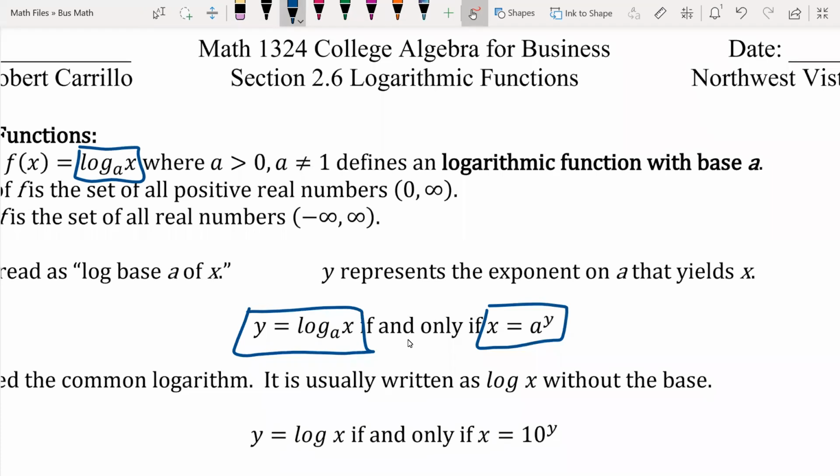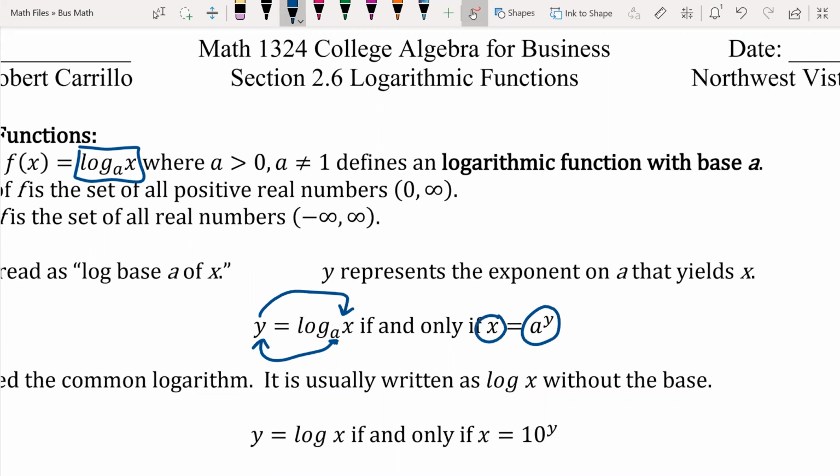To rearrange from log to exponential, you take the base and raise it to that outside number y, which gives a to the y power, and then you set it equal to the value inside the log, which is x. So this is how you go from log to exponential.